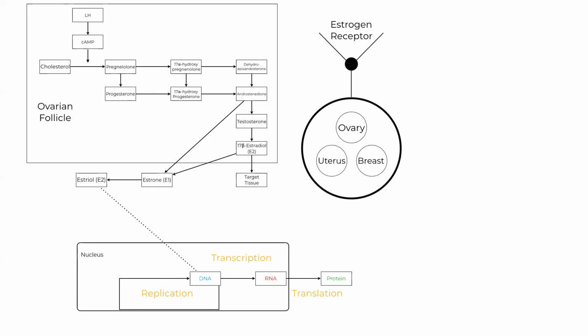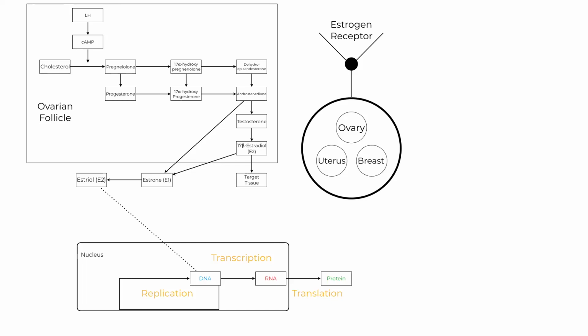Since the estrogen receptor is expressed only in certain tissues, estrogen is only going to bind to those specific tissues. And so estrogen's presence is going to be dependent upon both the secretion and then also binding to a receptor on a specific type of tissue.